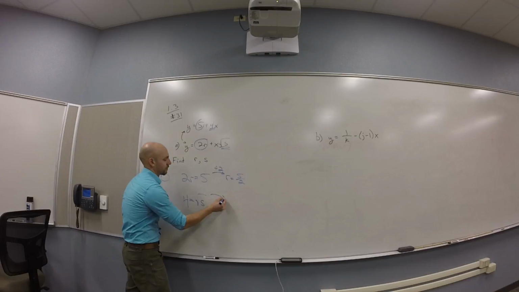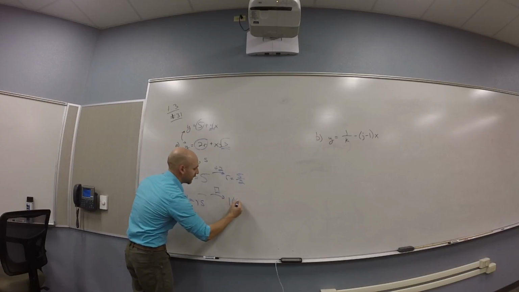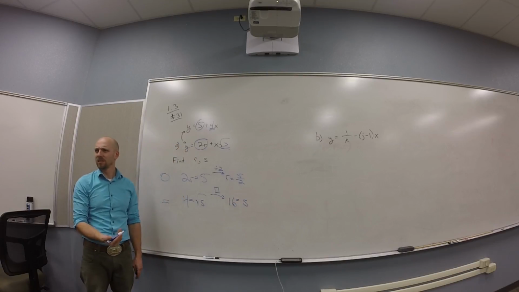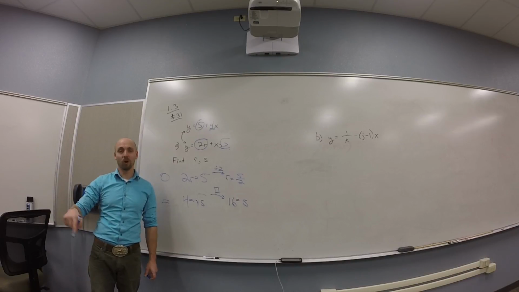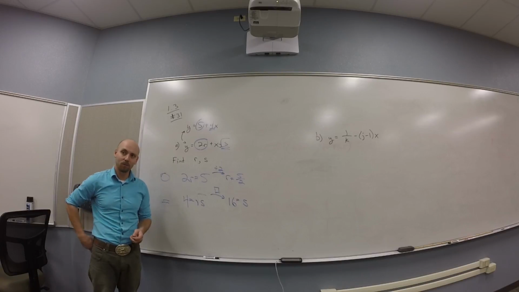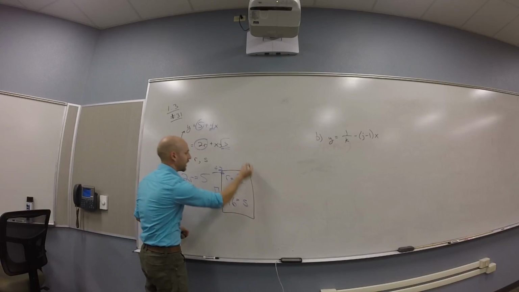Square them. So square both sides, and we get 16 is s. Worried about plus or minuses? No, because you did the squaring. The square root was already there. You never unsquared anything, so you don't have one-to-one problems. So I think those are my answers for part A.